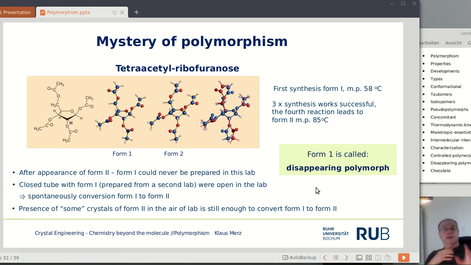And it sometimes happens, not very often, but sometimes it really happens that the presence of a thermodynamic, more stable form leads to the situation that it's not possible to obtain the kinetic form once again. Disappearing polymorphs. This is really a mystery form.